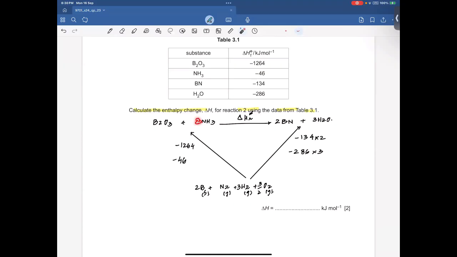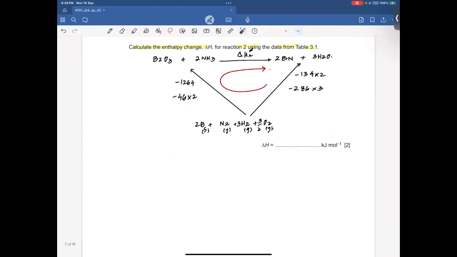Since it has 2 moles, multiply by 2. Okay, so we need to make a clockwise arrow so that we can align the values very easily. This arrow and this arrow move in a clockwise direction, which is why I'll take all these values as positive and I'll take these 2 values as negative, and I will equate all the values with 0, right?